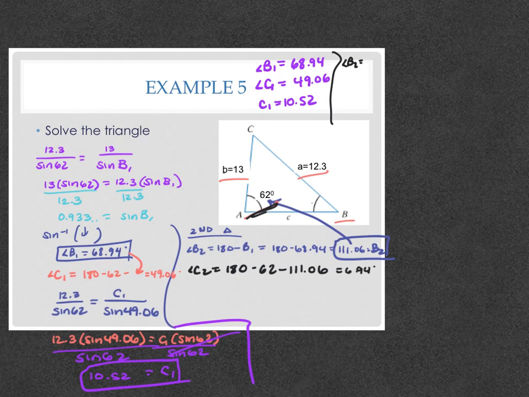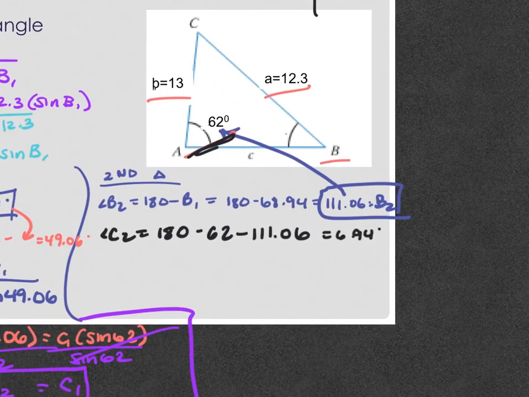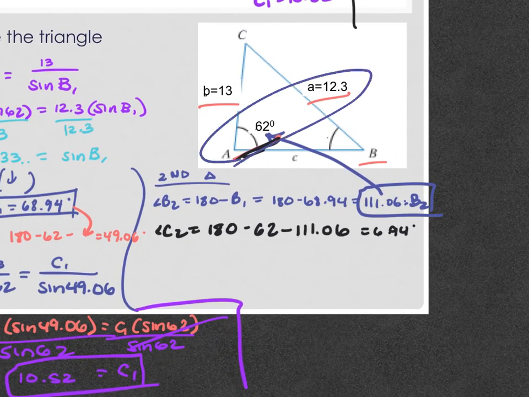B2, 111.06. C2, 6.94. And the last thing I have to find is side C2. So I still use the original information they give me. My A is still part of both triangles. So 12.3 over the sine of 62 equals C2, lowercase c because that's a side, over the sine of 6.94.